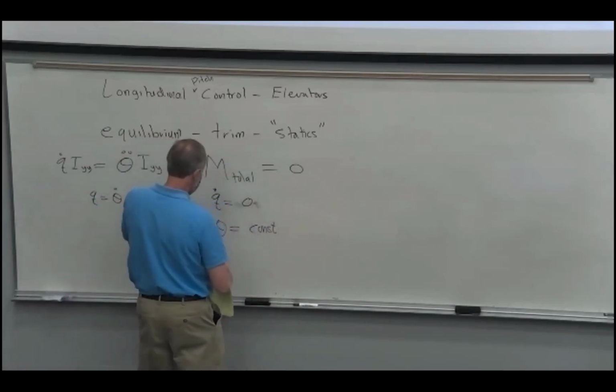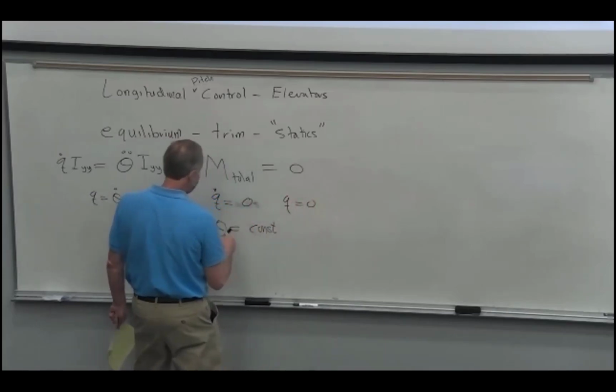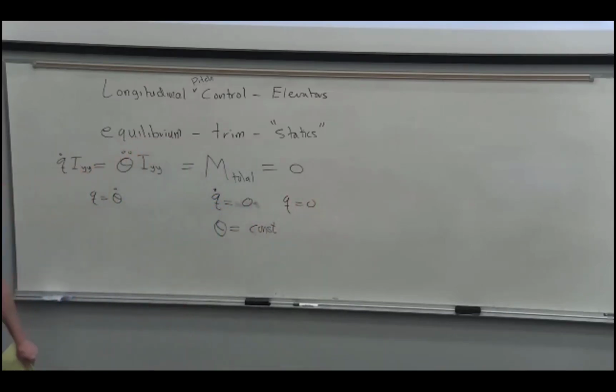Q dot is going to be 0 and Q is going to be 0 because that's theta dot. So we have 0 pitch rate and the pitch angle is constant because there's no derivative of it.